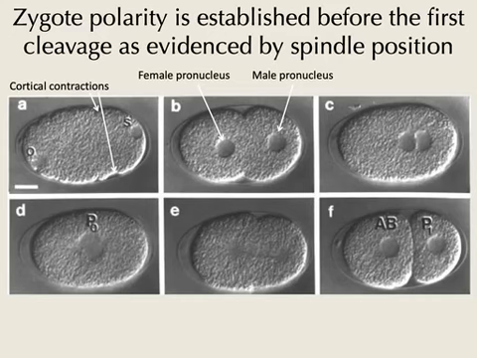But you have to now think, okay, wait a minute. Something has got to happen in between the symmetry breaking event and the actual division. So that first cell cycle, what happens in the zygote just after fertilization, is going to be essential to set up the polarity and the subsequent asymmetry.